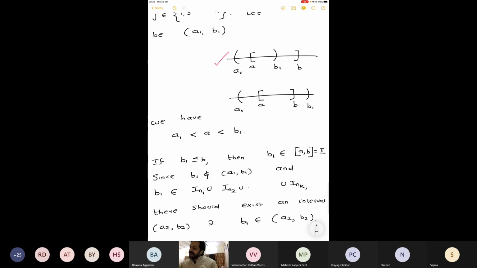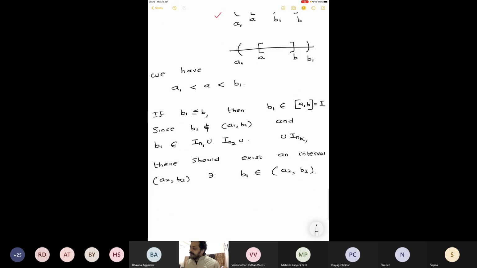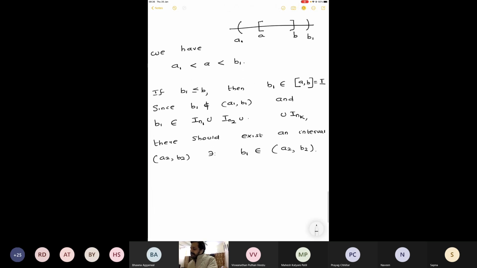So this b1 will be a part of one of these open intervals, which I am calling (a2, b2). What does it mean? b1 element of (a2, b2) means a2 less than b1 less than b2.